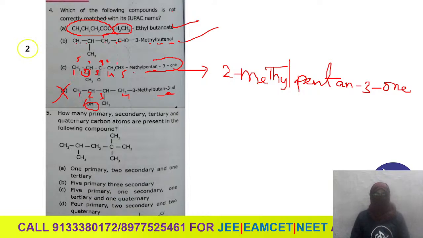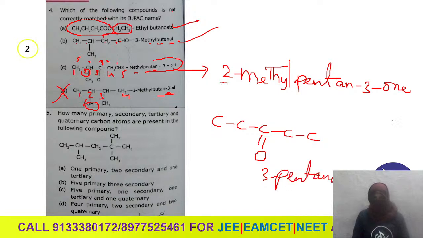You will find here that I am putting 2 here, but they are not putting 2 here. Look here, I will explain. 3-pentanone, both are the same. Definitely the methyl is going to come here or here, right?